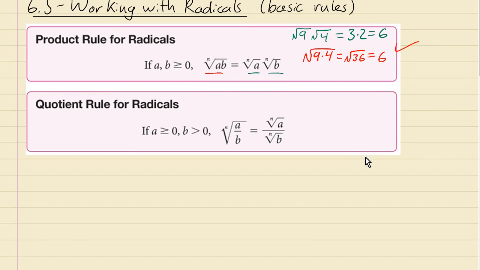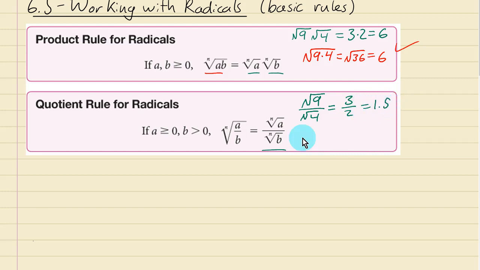Let's look at a quick example of this one working. Let's say we take the square root of 9 divided by the square root of 4. So we're still using a is 9 and b is 4. That will give you 3 over 2, also known as 1.5.